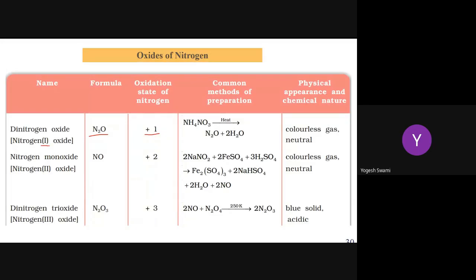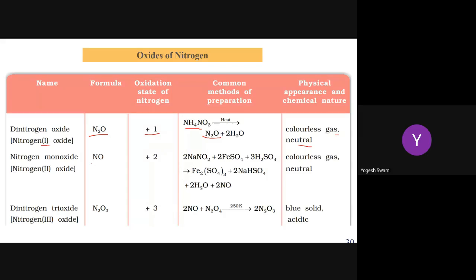In class 11 chapter number 8, redox reactions, we discussed it. Whenever we show a formula like this, that is known as stock notation. Nitrogen 1 oxide. How is it prepared? Heat ammonium nitrate, and it converts into dinitrogen oxide. Physical state: this one is a colorless gas and neutral in nature.